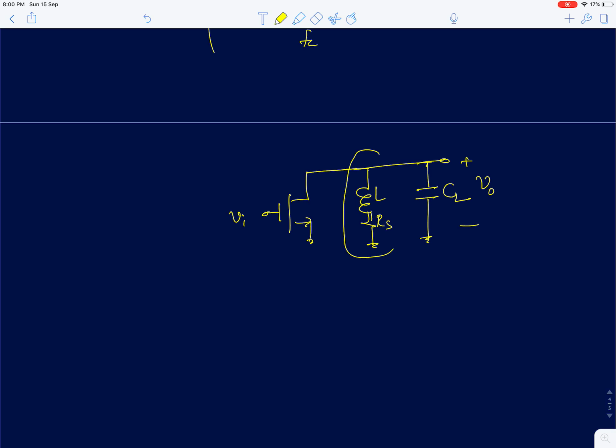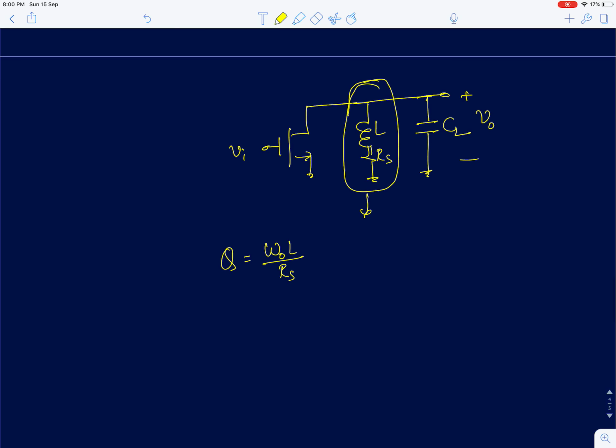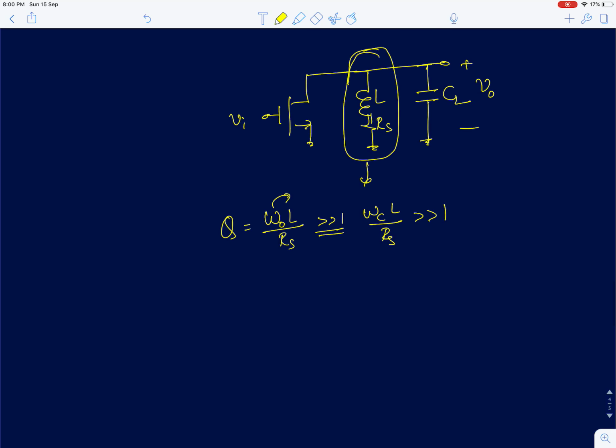Because we are interested in the maximum gain only at the resonant frequency, we can use the inductor Q, given by omega naught L upon Rs. This is the inductor Q. I'll assume Q is much greater than 1 at the carrier frequency.